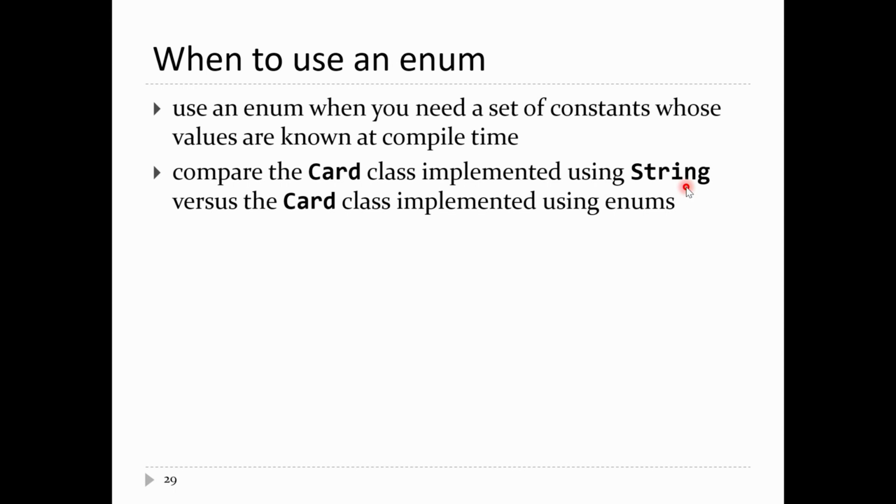If you use a string, you've got to validate the string every time. You have a constructor that builds a card given 2 strings. You have to test, is this string one of the suits? You have to test, is the string one of the values? If it's not, you throw an exception. It's a real pain in the butt.